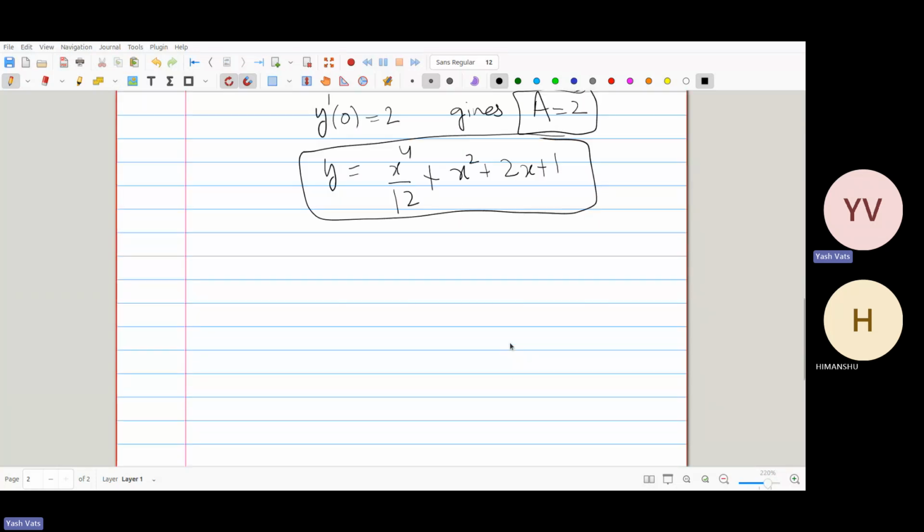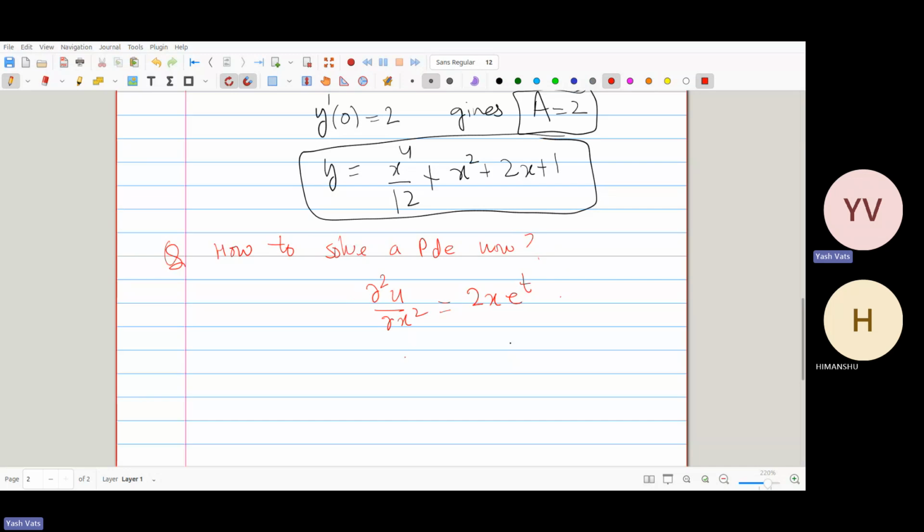So how do you solve a PDE now? I just start with a PDE like this: del squared u by del x squared equals 2x to the power t. So how do you solve it?